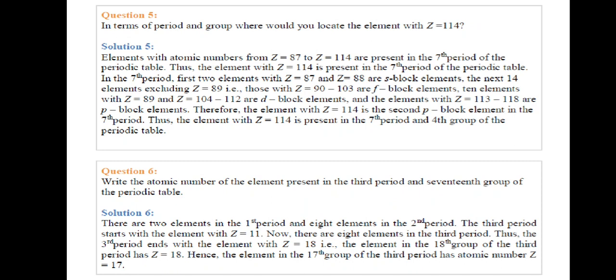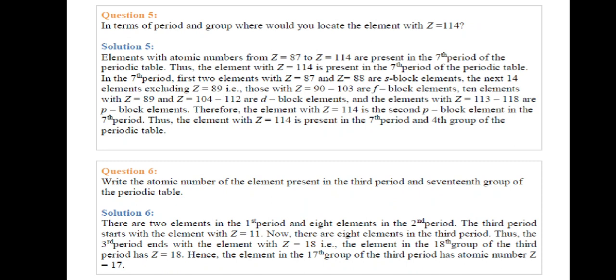Actinides बोलते हैं उनको, f block elements हैं. Z equals 104 to 112 are d block elements, and the elements Z equals 113 to 118 are p block elements. So 113 से 118 एलिमेंट p block में आते हैं.